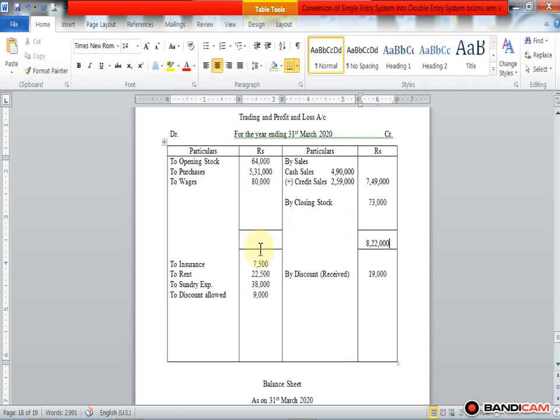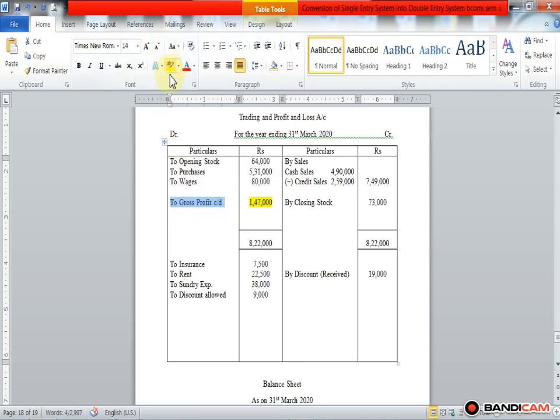Put this total on the debit side, 8,22,000, and find the difference, which is 1,47,000. That difference is called to gross profit carried down, and this gross profit is brought down in the profit and loss account.